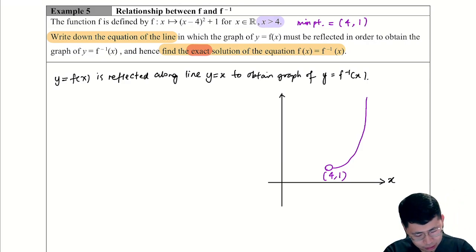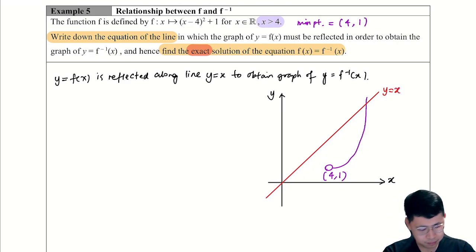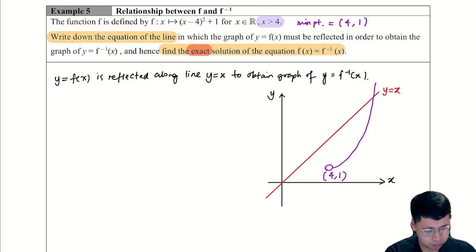Now let me show you this one. We are going to reflect it along the line y equals x. Let me draw this nicer again. So the next line over here is y equals f(x).